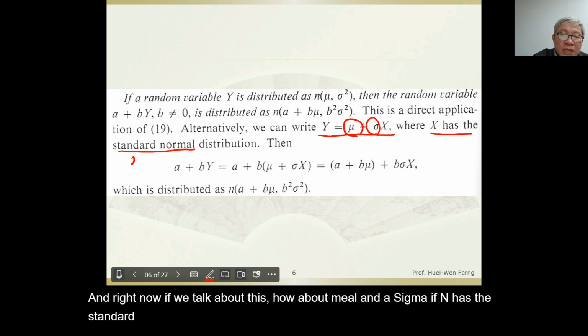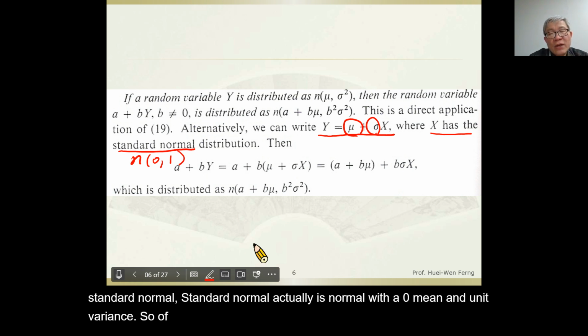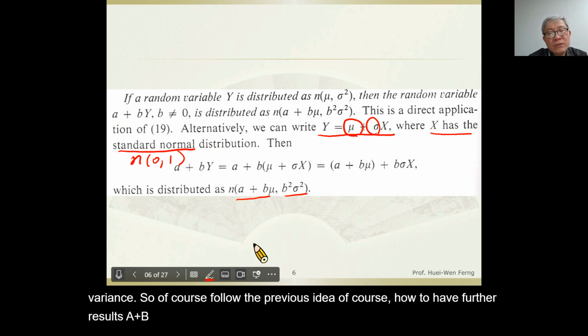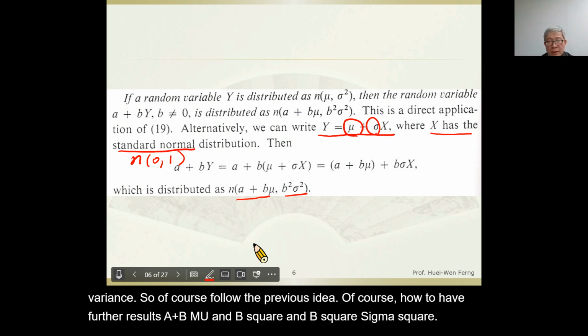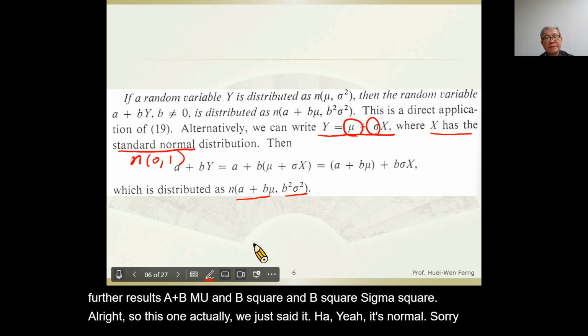Standard normal is normal with zero mean and unit variance. So of course, following the previous idea, we have the results a plus b mu and b squared sigma squared. So this one is normal again.